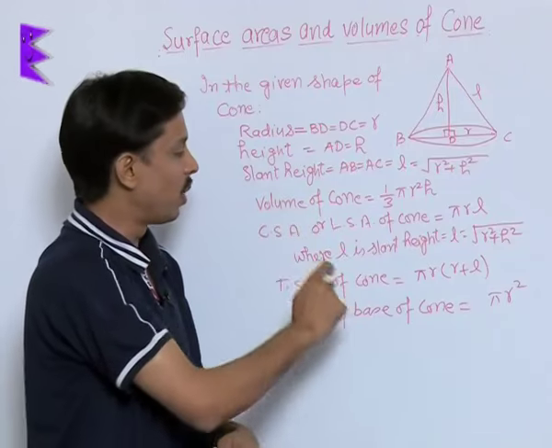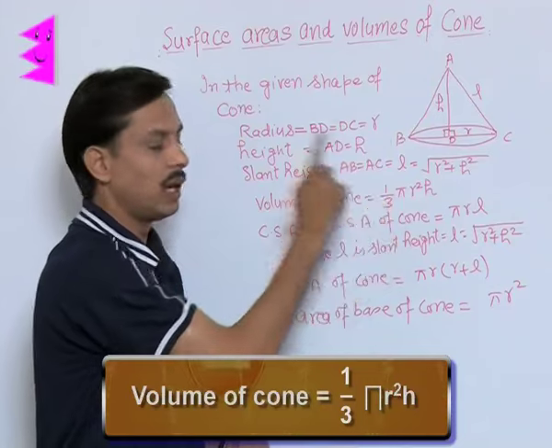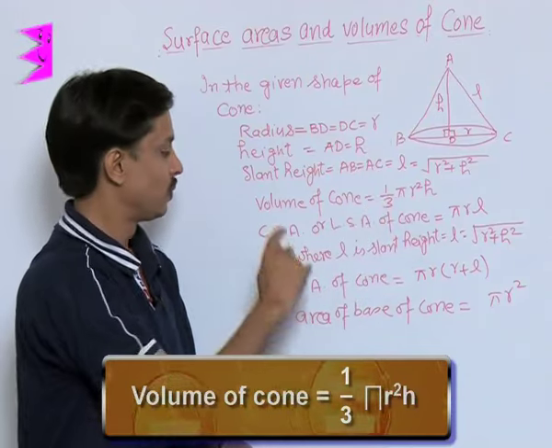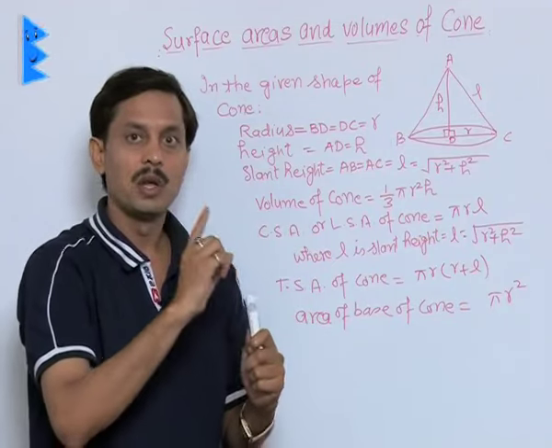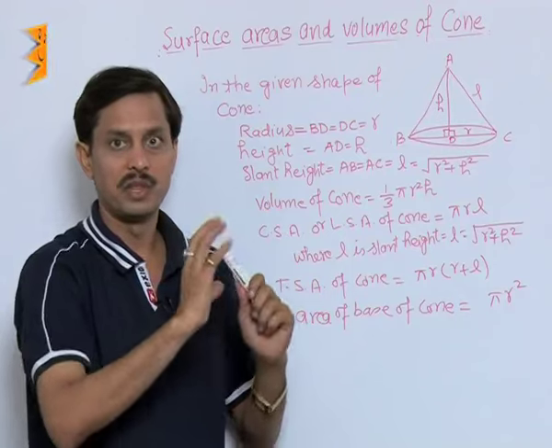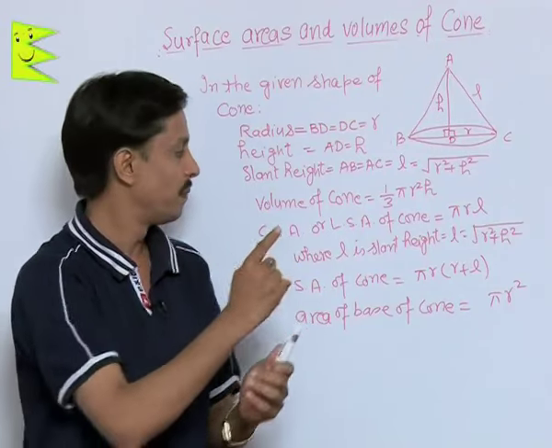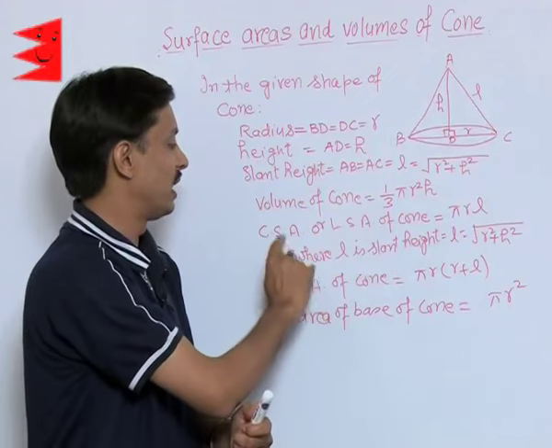If you talk about its volume, the volume of the cone is given by 1 by 3 pi r square h. Curved surface area, you know which part is curved? The part where the base is not involved, that is the part which is rolled.